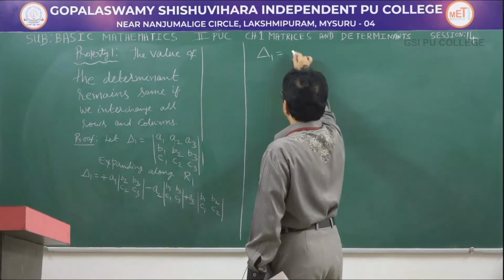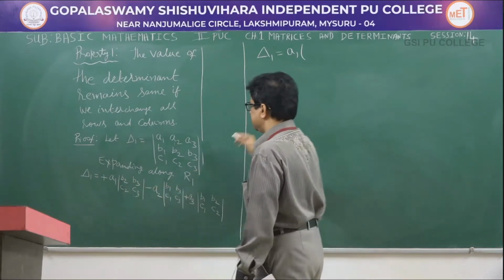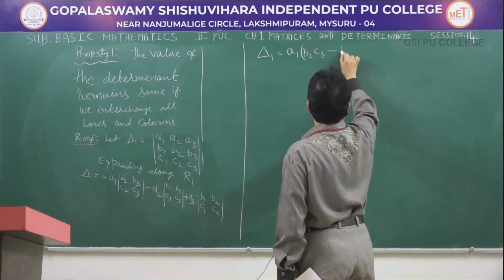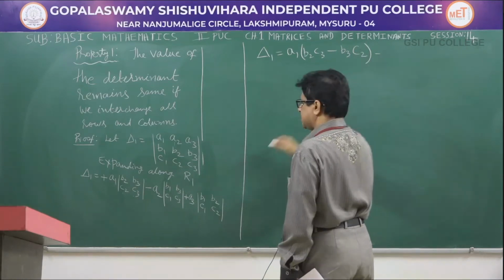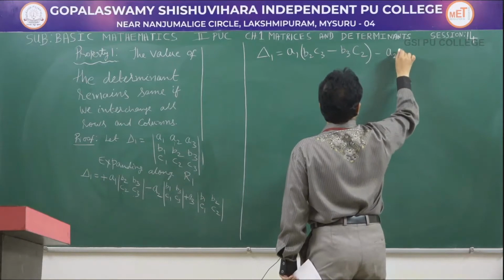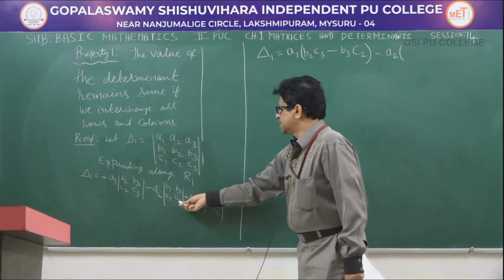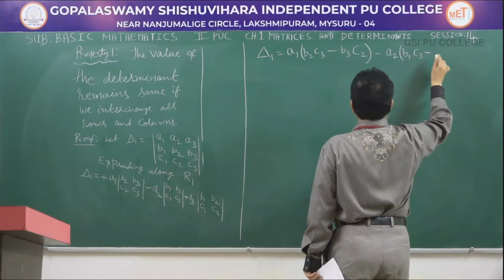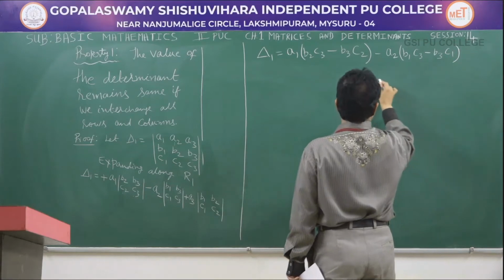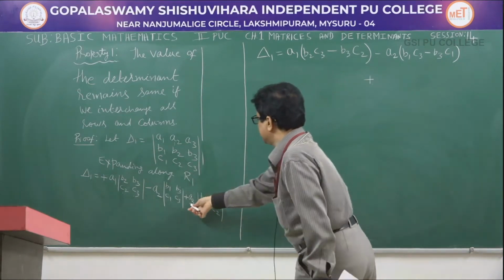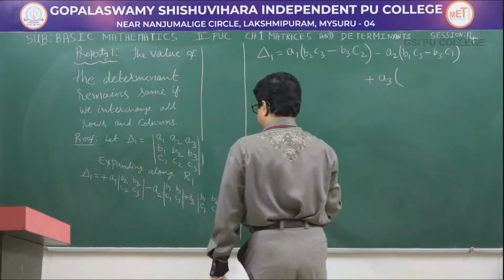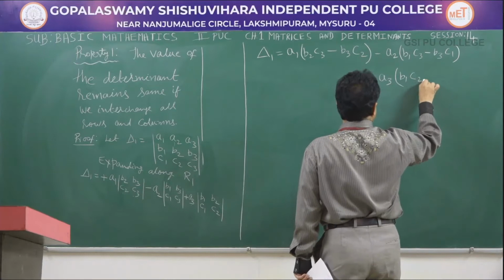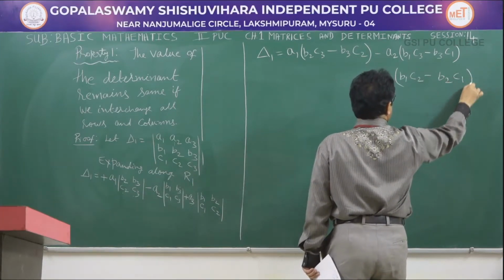So, delta 1 is equal to A1 into, that is B2 C3 minus B3 C2, minus A2 into B1 C3 minus B3 C1, plus A3 into B1 C2 minus B2 C1.